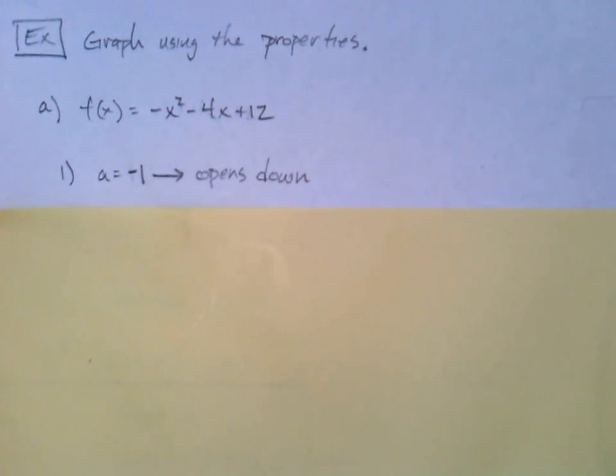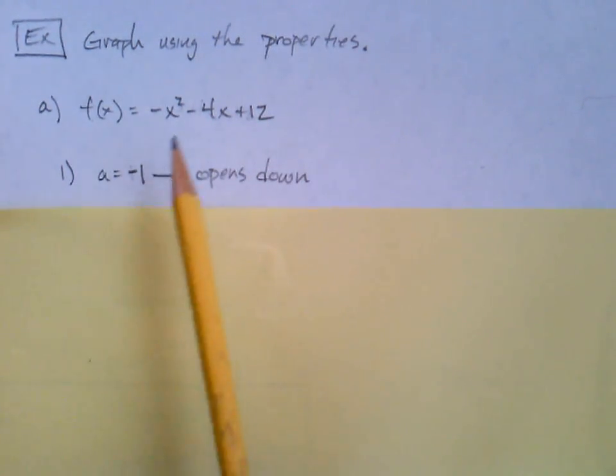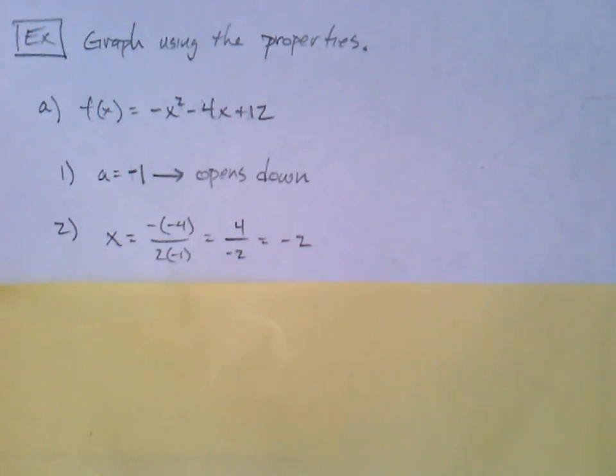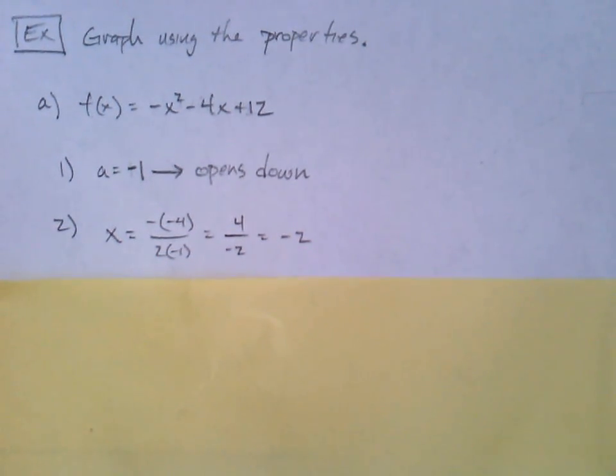Let's move on to property number two, the axis of symmetry. How do we determine the axis of symmetry again? It's -b over 2 times a. So I'm just going to go ahead and show you my work. x equals negative, b is -4, negative 4 over 2 times -1.